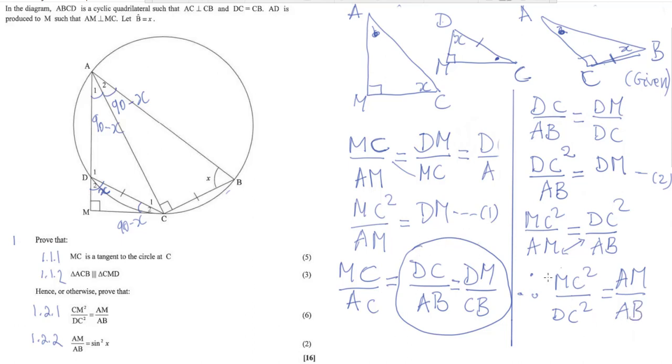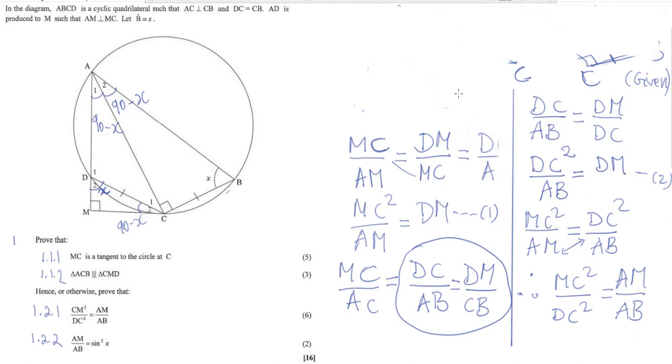All right, that is your 6 marks. Look at it nicely. Basically here we start from the smaller triangle and we use the similarity theorem with the two bigger triangles, and then at the end we equate them and find the answer.